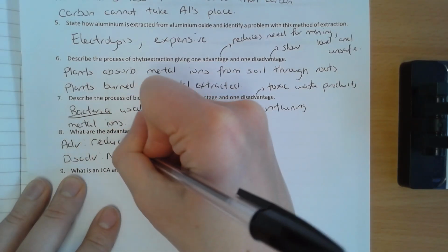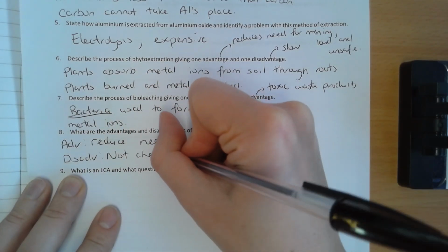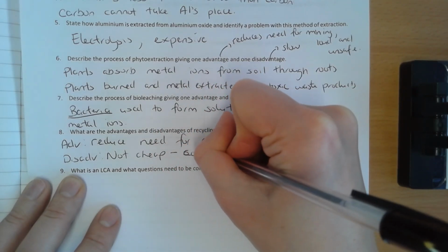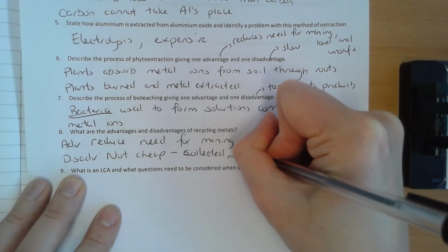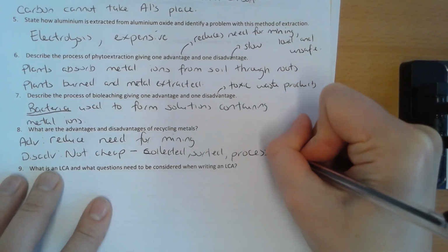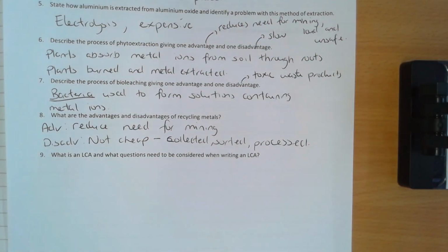It's not cheap because recycling has to be collected, it then has to be sorted, and then it has to be processed, like turned into something else. So it's quite a long process, and it involves a lot of people, which means it's not actually cheap, but it does reduce the need for mining.